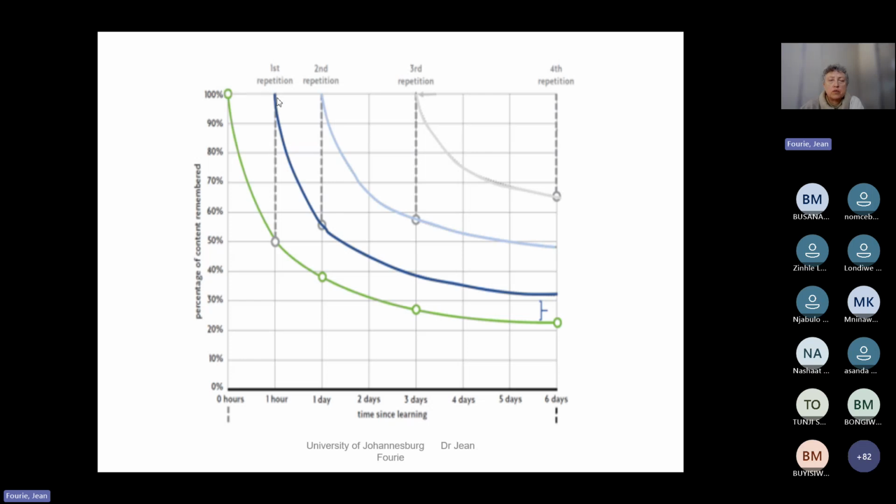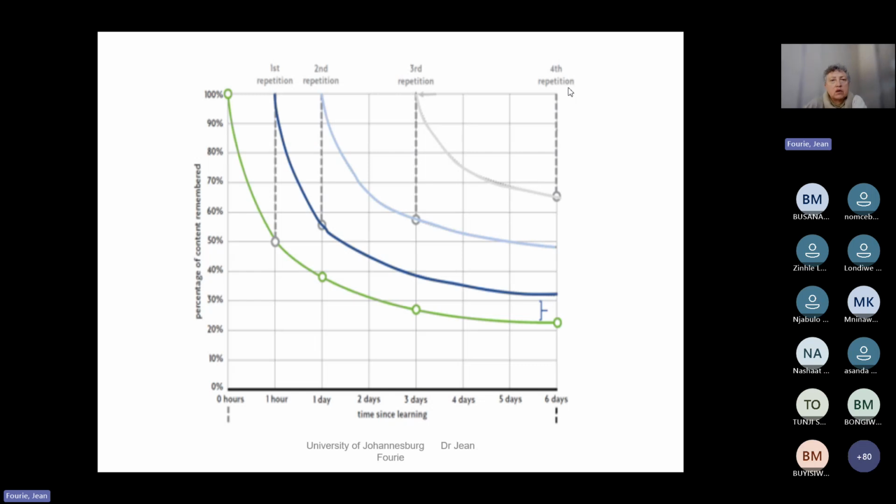Okay, so present information the first time. You should do a first repetition as close as possible once you've viewed the information, a second repetition the next day, a third repetition 3 days later, and a fourth repetition about a week later.